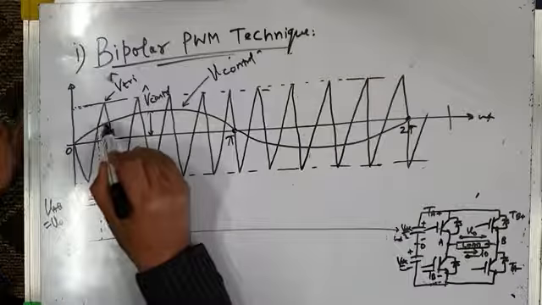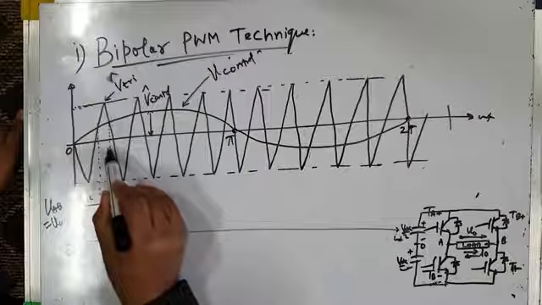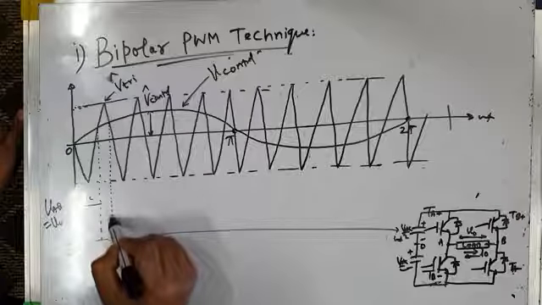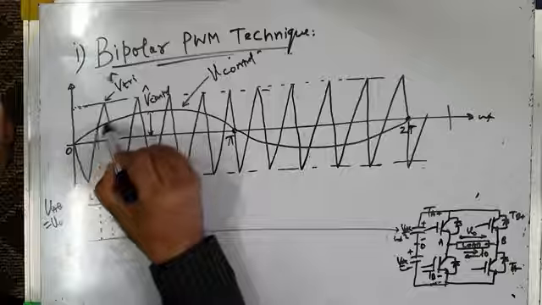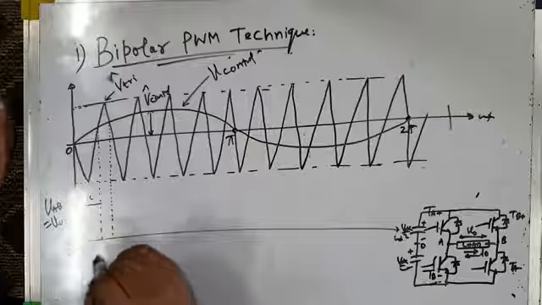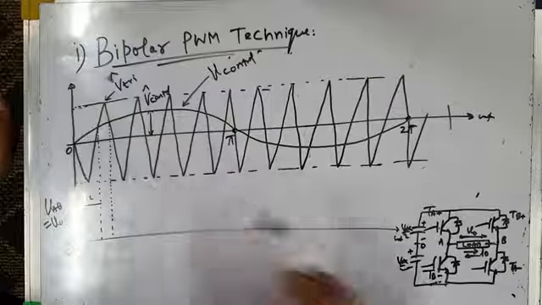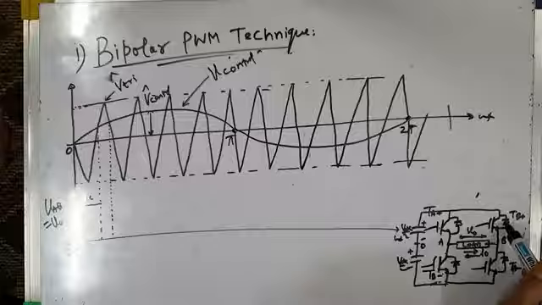And then from this point to this point, the triangular carrier wave is higher in amplitude than the reference sine wave. So the logic is now just reverse. When the triangular carrier wave is higher in amplitude than the reference sine wave, then the bottom switch in the first leg is on and the top switch in the second leg is on.